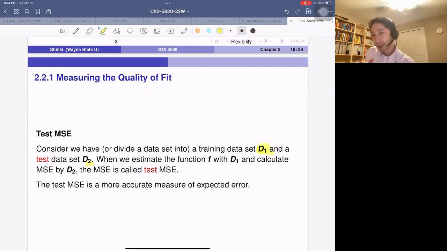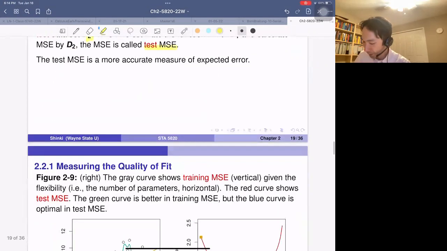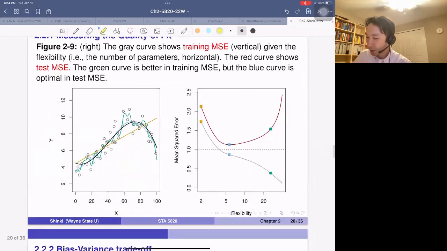So we divide the data set into D1 and D2, fit the model with D1 and evaluate with D2. This is called the test MSE. Test MSE is a more accurate measure of expected error. So actually the previous red line is the test MSE, while this is the training MSE.